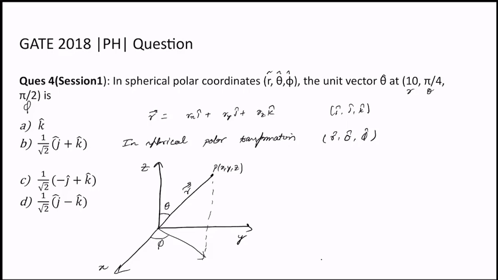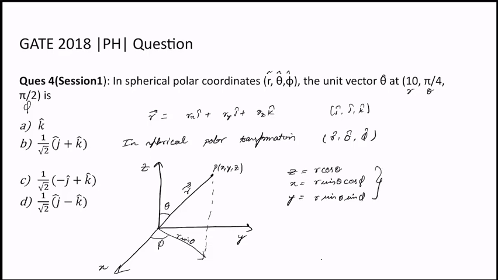Therefore, you can write z is equal to r times cos theta, x is equal to r sin theta cos phi, and similarly y can be written as r sin theta sin phi.